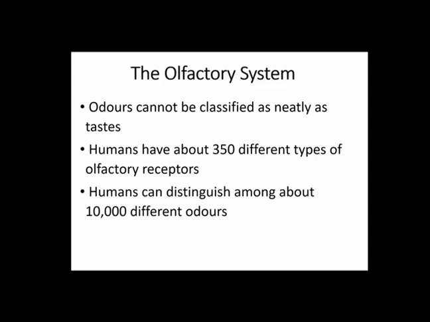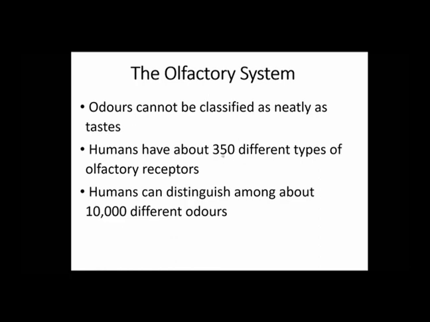And so there's going to be more specific scents, but with only 350 receptors, every single smell can't have its own unique receptor. There's still going to be a combination of receptors that activate in response to any given type of scent, because, as it says here, we can distinguish between about 10,000 different odors.